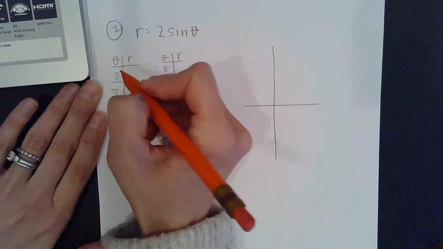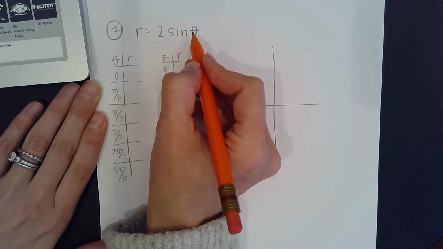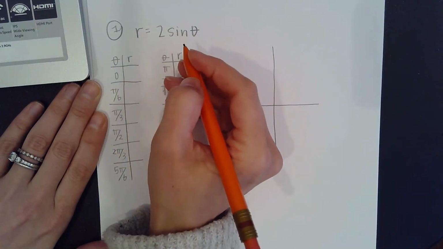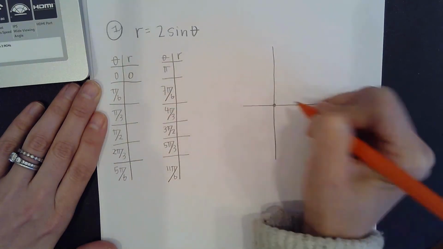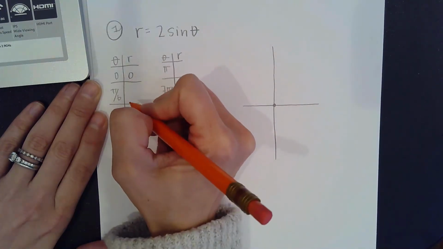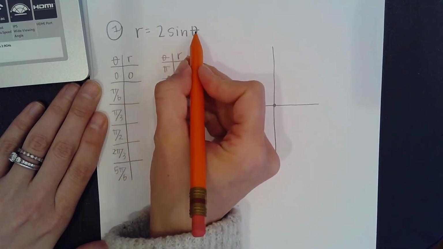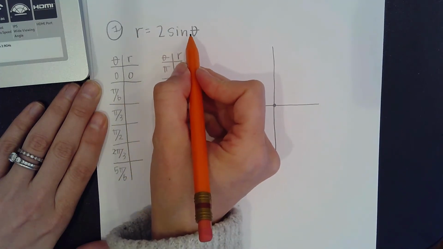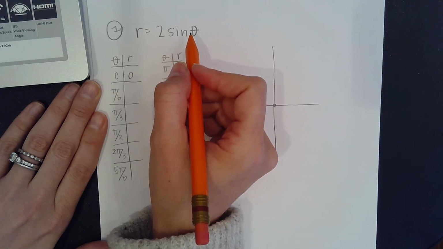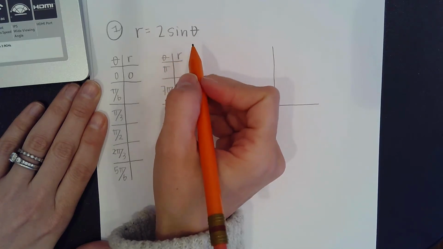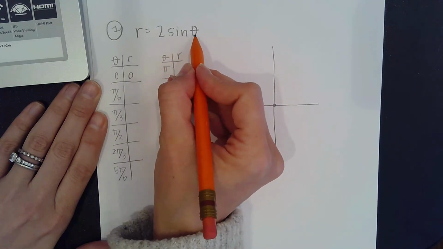So if I plug in a 0 here, sine of 0 will just be 0. So 0, 0 is going to be here. Pi over 6: sine of pi over 6 is 1/2, right?